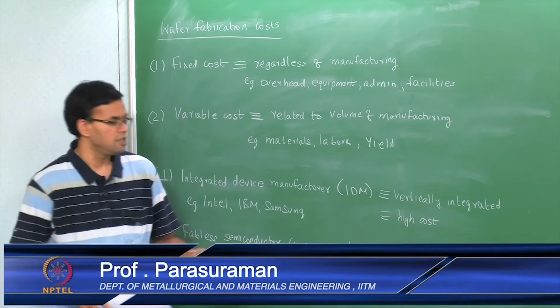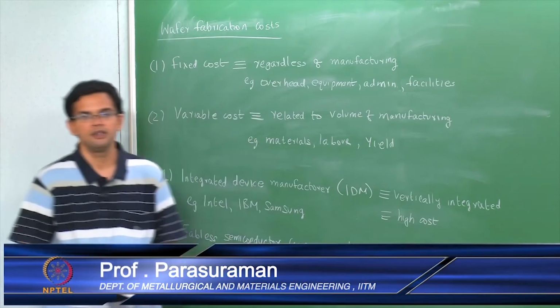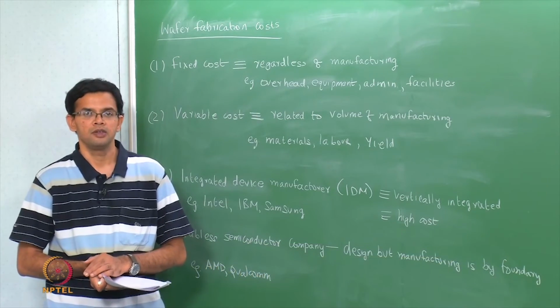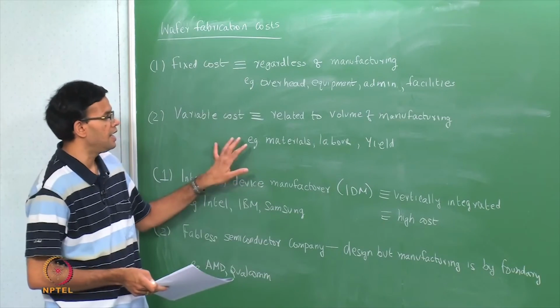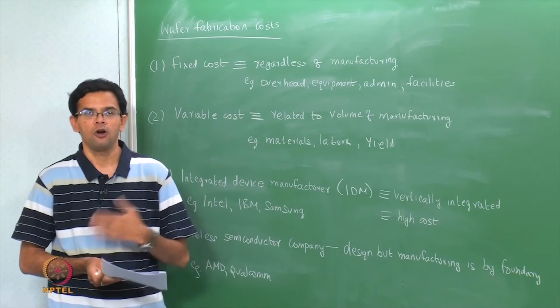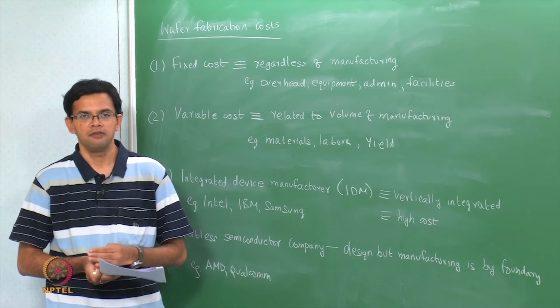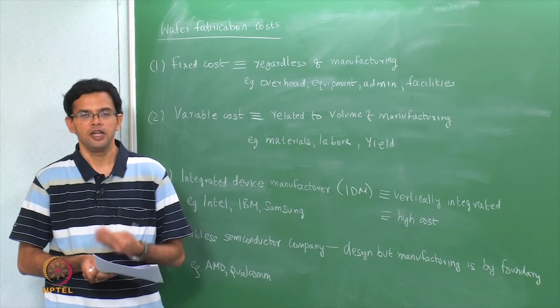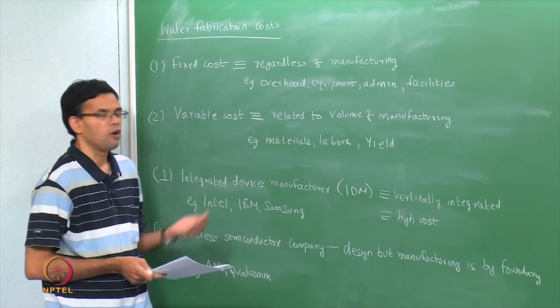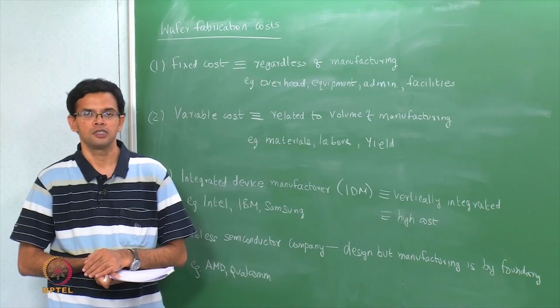So, the technology is limited by the capabilities of the foundry company. So, the yield that we saw before essentially enters into the overall cost of the final wafer. So, we want a high yield in order to ensure a lower cost for the individual wafers.